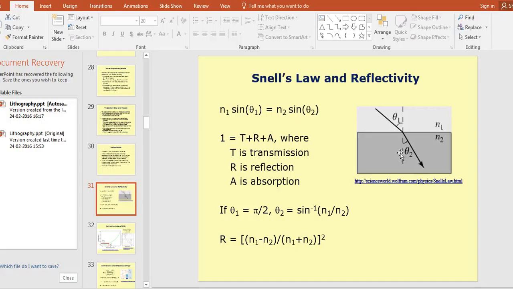Now, the resolution depends upon the medium from which these rays are coming, whether UV rays, X-rays, or E-beam.